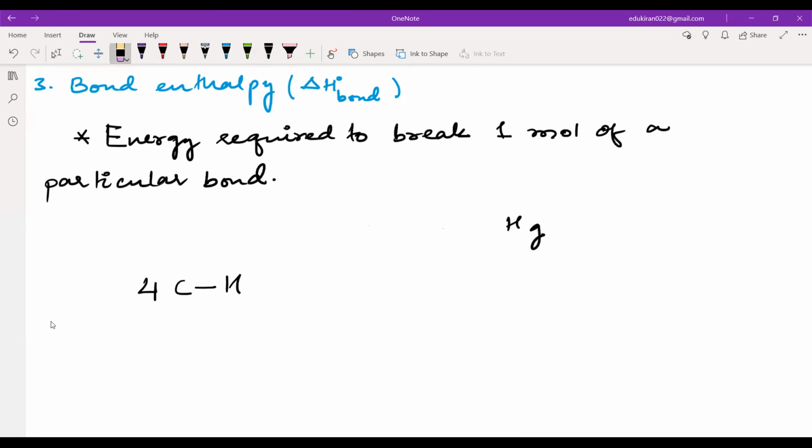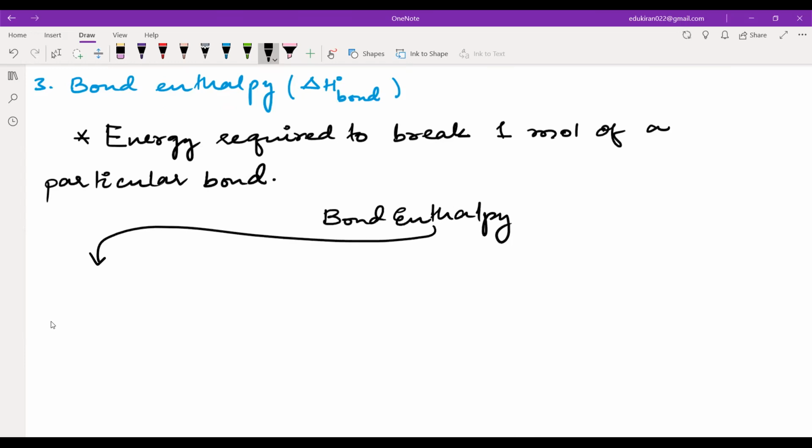For bond enthalpy, first of all, let us classify molecules into 2 different types. Let me write bond enthalpy. In this, we can have 2 different types of substances.